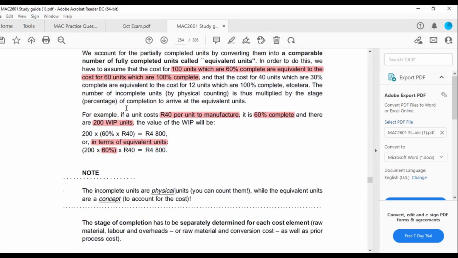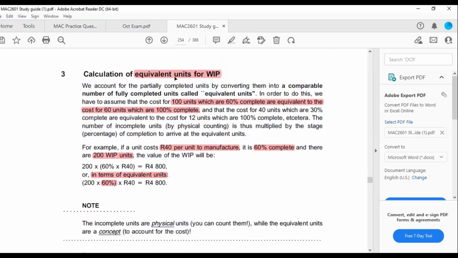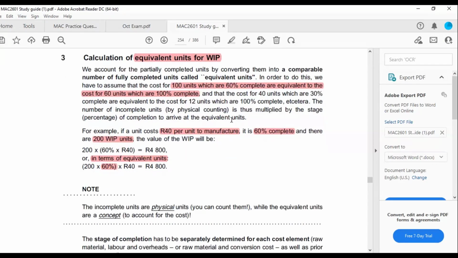So what we're saying is that equivalent units take into account the stage of completion, relative to the units that you would have produced.